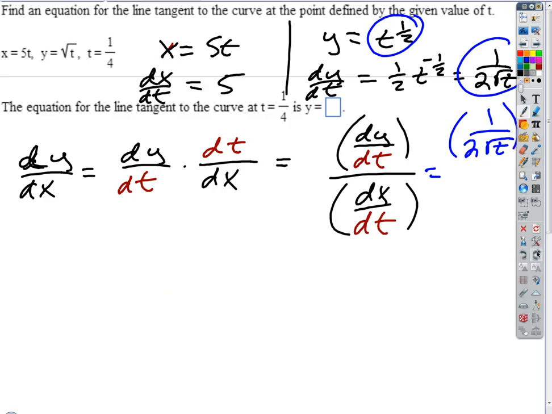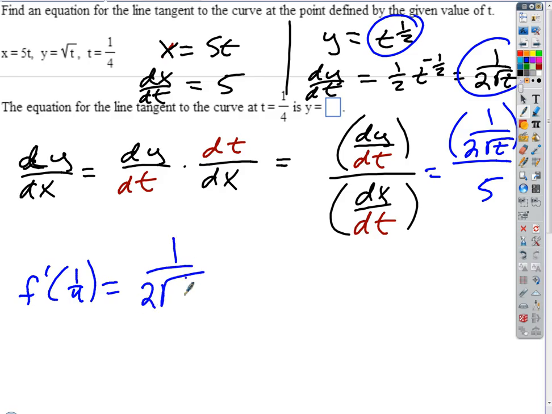So f prime of 1/4 just equals 1/2 times the square root of 1/4 divided by 5. And what is the square root of 1/4? 1/2 times 2. So we get 1/1. Everybody see that?